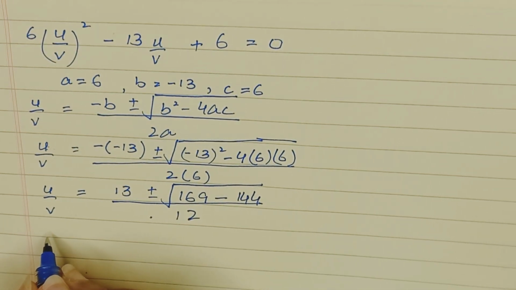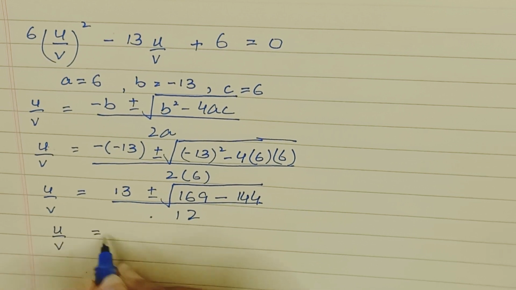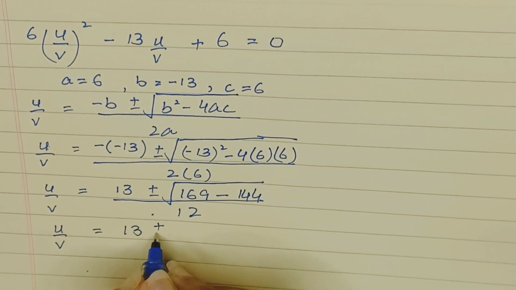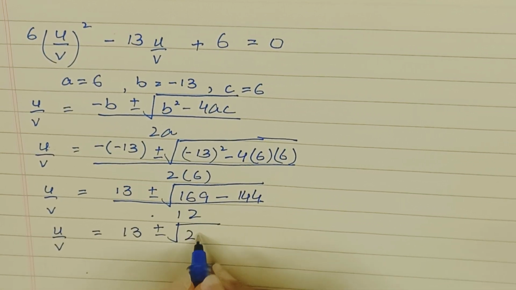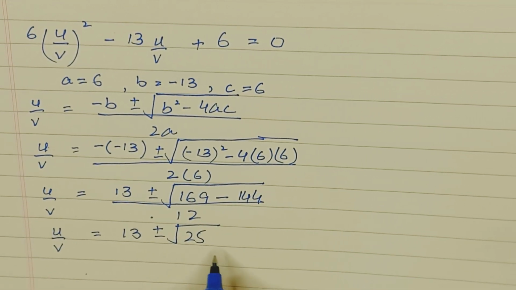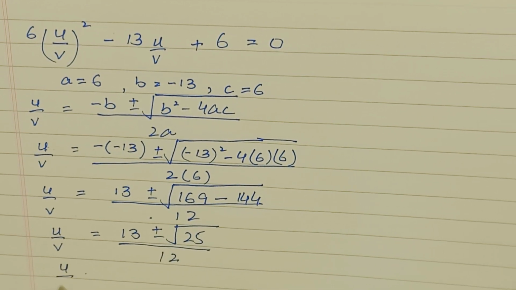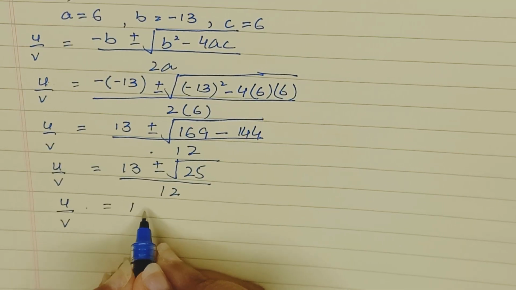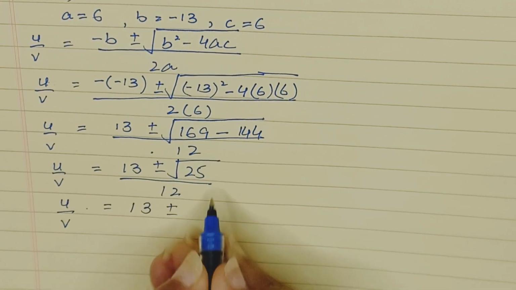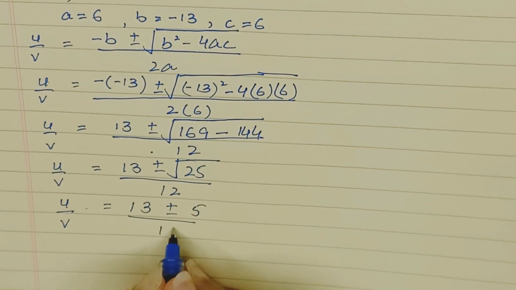So u divided by v is equal to 13 plus minus square root of 25, since 169 minus 144 is 25, divided by 12. So u divided by v is equal to 13 plus minus 5 divided by 12.